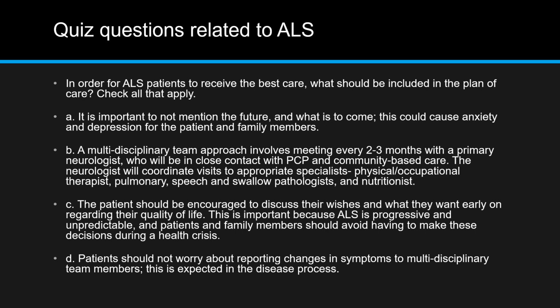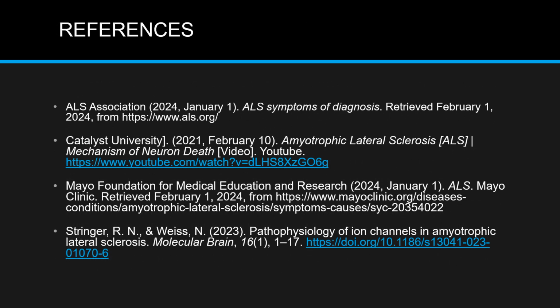And then I do have references if anyone's interested in looking at these further. And I also gave you the round table link, which I think is extremely beneficial, just to see what we are doing as a whole to try to stop ALS or to come up with other things to cure this disease.